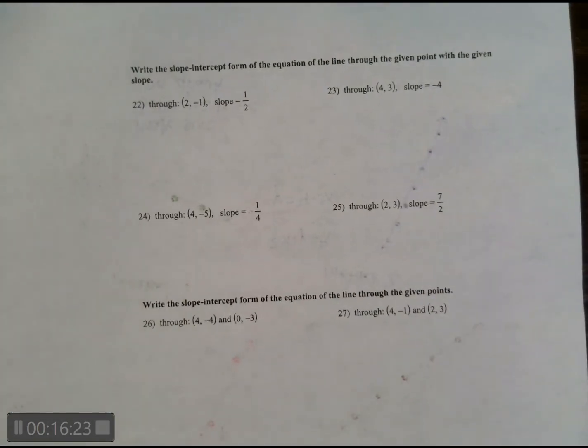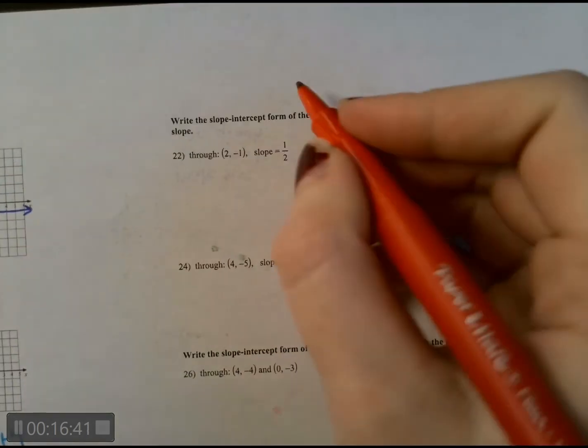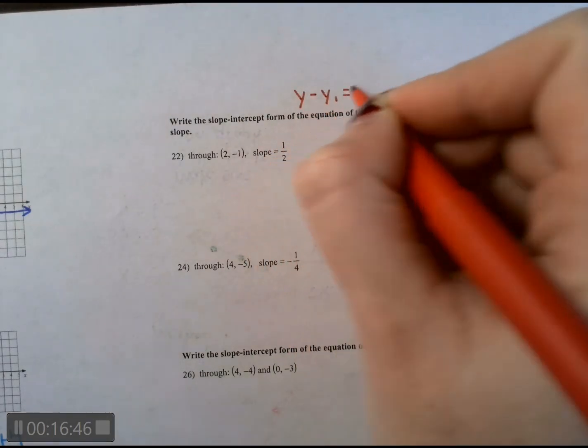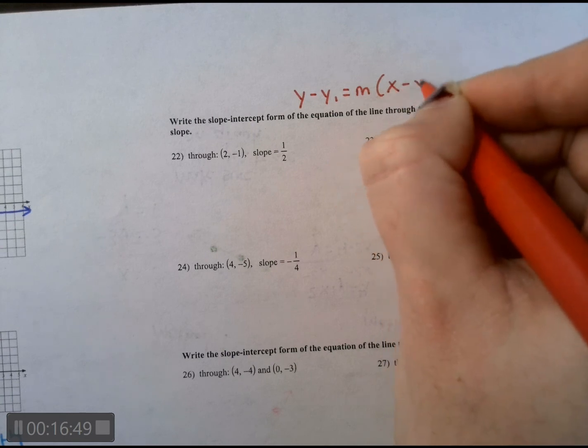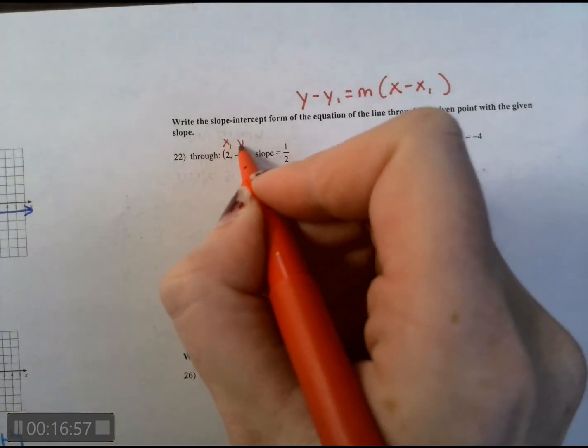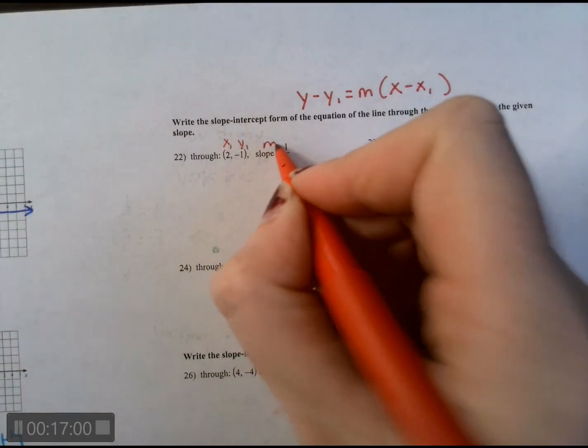Alright, so for our next one, so this is what we were doing on Friday, I believe. Yes, Friday. Okay, so we are going to write the slope-intercept form of the equation of the line through the given point with the given slope. Okay, so this is our point slope form of y minus y1 equals m times x minus x1. Okay, remember that? Alright, so we have our x1 and our y1 and our slope.